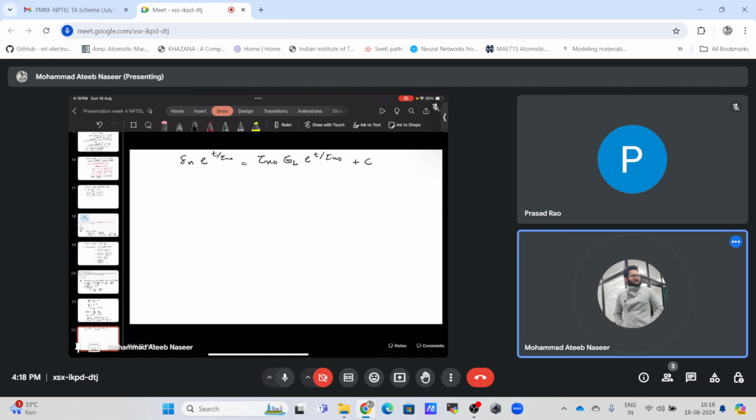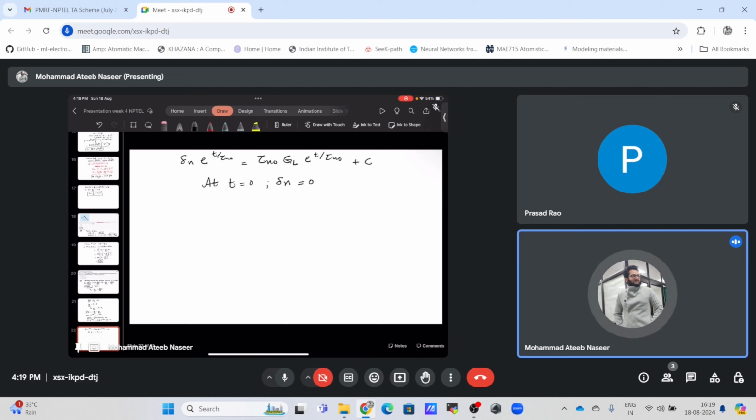Absolutely correct. Now at t equal to 0 there is one special condition. What is it? It is that we have no excess carrier concentration, that is delta n is equal to 0 at t equal to 0.